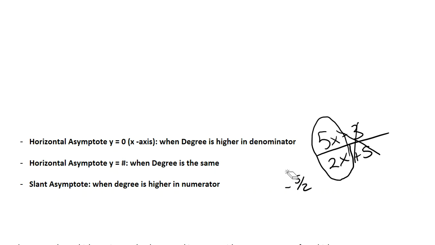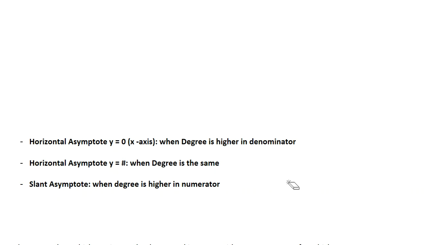And finally, a slant asymptote occurs when the degree is higher in the numerator. So again, if f of x equals 3x squared plus 4 over x minus 1, the degree is higher in the numerator, so we know that a slant asymptote is going to occur. To calculate the slant asymptote, you need to do synthetic division.